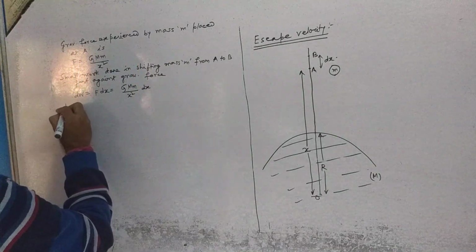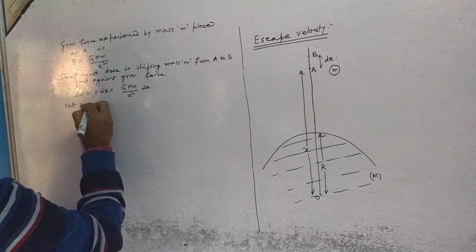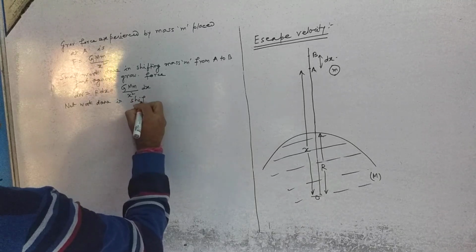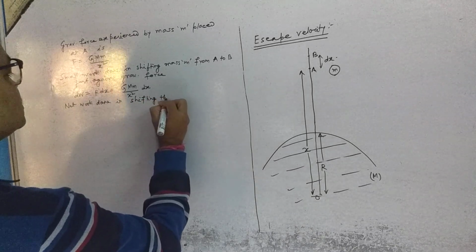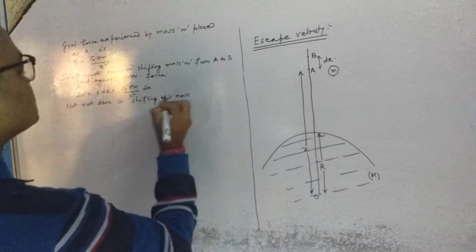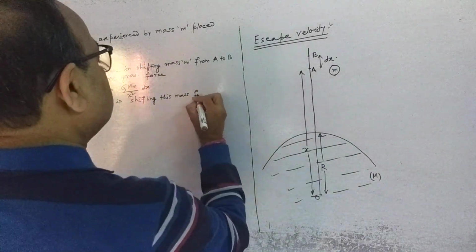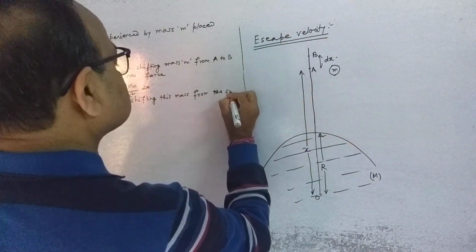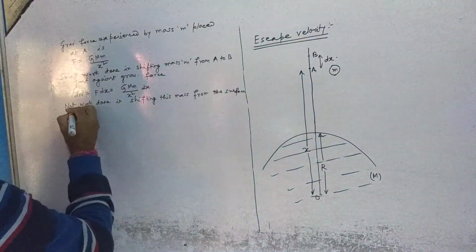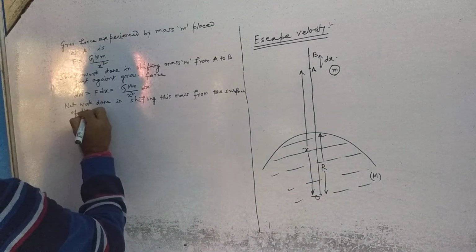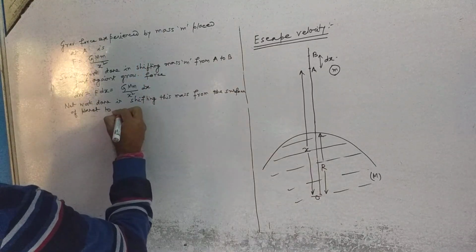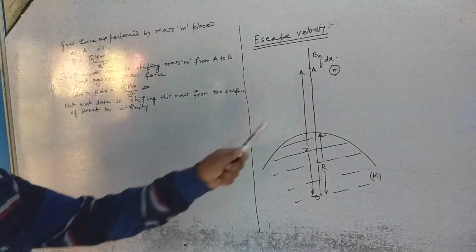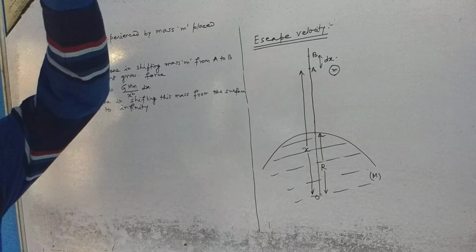Then the net work done in shifting this mass from the surface of the planet to infinity. अब मैं इसको क्या करता हूं, यहां से इन्फिनिटी पे थ्रो कर देता हूं. इन्फिनिटी क्यों?